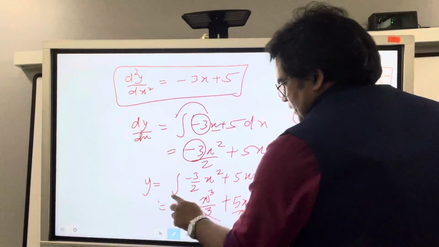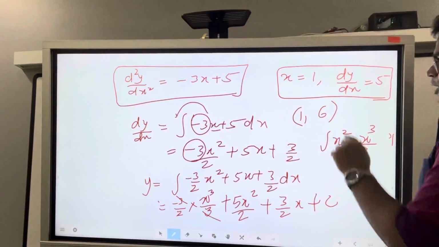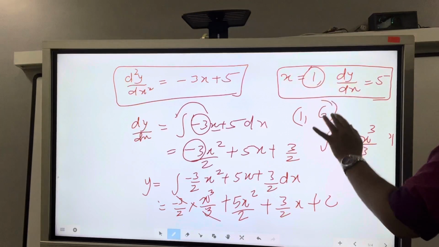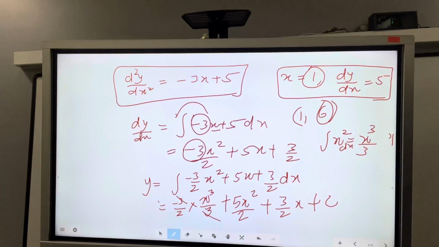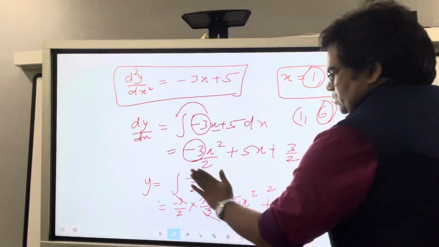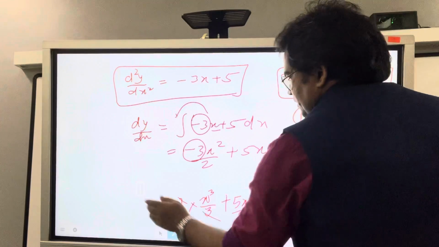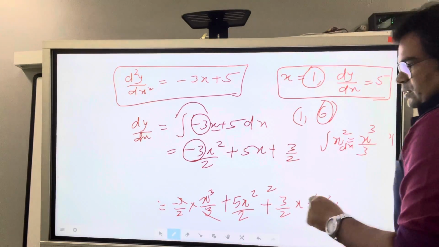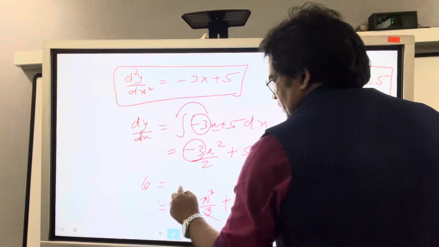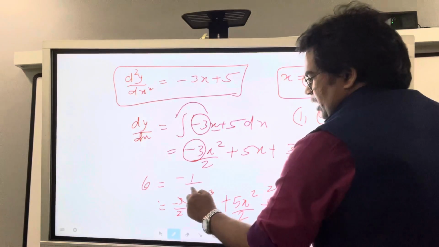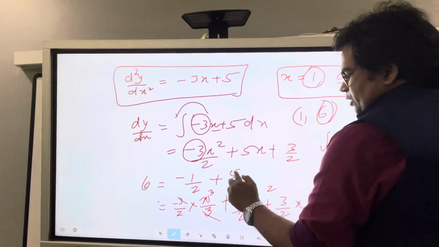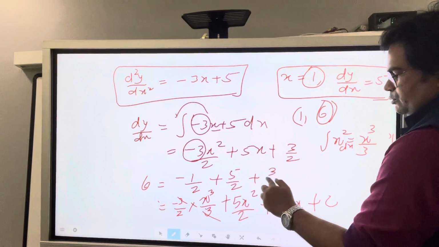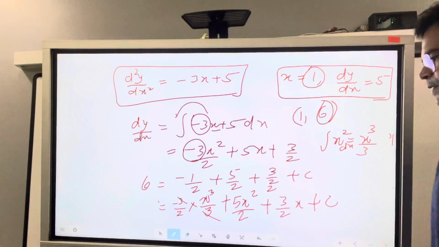So cancel this part and this part, and now you're going to put x as 1 and y as 6 to get the constant. So I'm just going to erase this step. So you're going to take x as 1 and y as 6. So 6 equals negative half plus 5 by 2 plus 3 by 2 plus c.